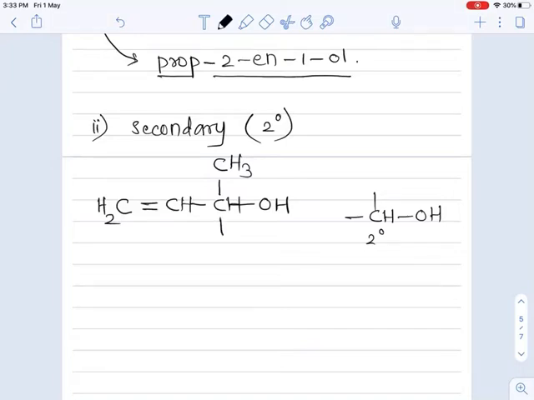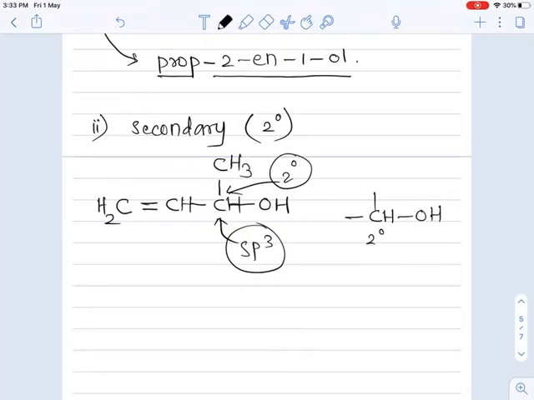Now this carbon is again singly bonded, which shows which type of hybridization? Very good, it is sp3 hybridized, and this carbon is which type of carbon? Secondary carbon, and that's why this is the example of a secondary allylic alcohol.